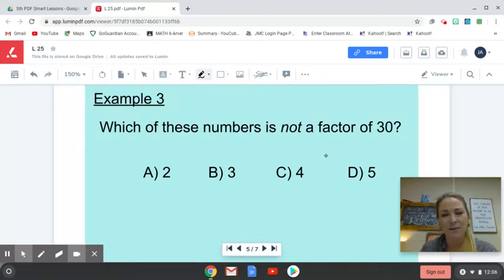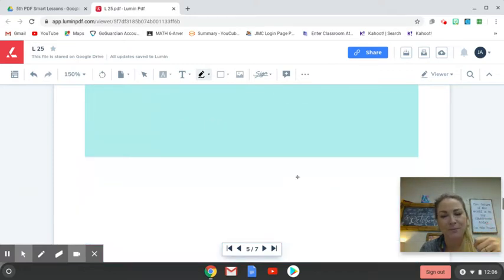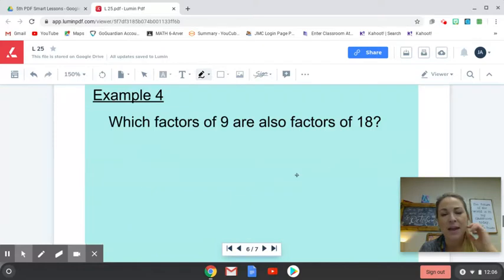So it's this one right here. Just to double check though, I'm just going to take a look at D. Is 5 a factor of 30? So can 5 be multiplied to make 30, or is 30 divisible by 5, is a way to think about it? Yes, 5 times 6 is 30. So which one is not a factor? 4.